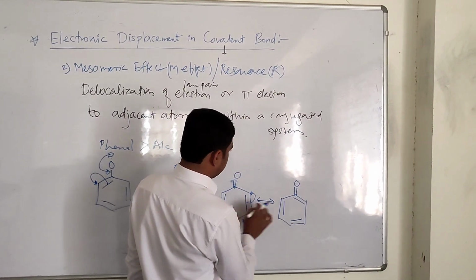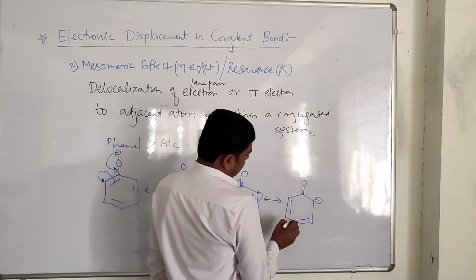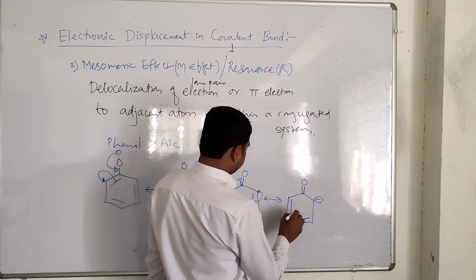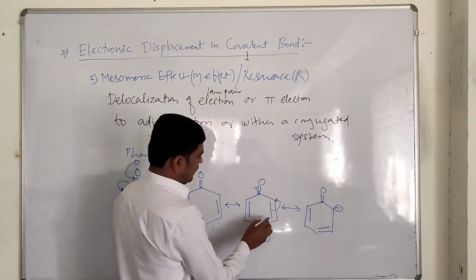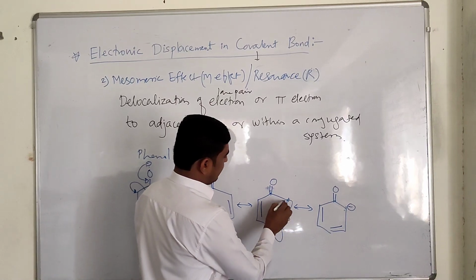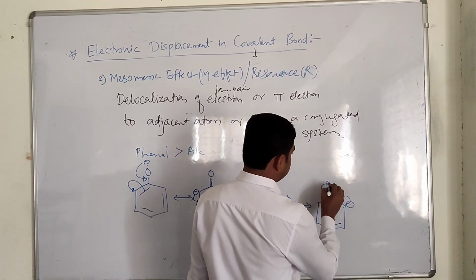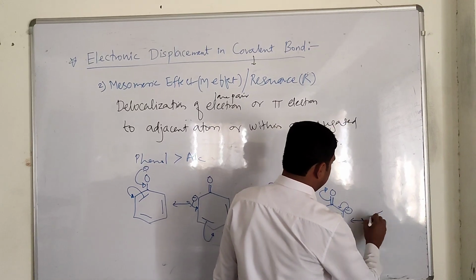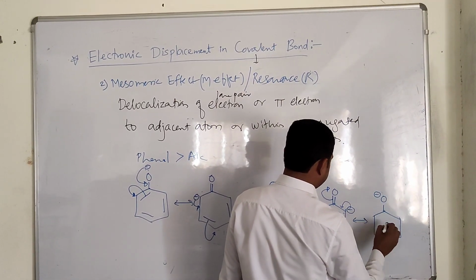The electron shifts here, giving the negative charge. This bond formation here is the shifting of negative charge. Next, this will shift here and this will shift here, and finally we get the phenoxide ion again, with the negative charge on oxygen.